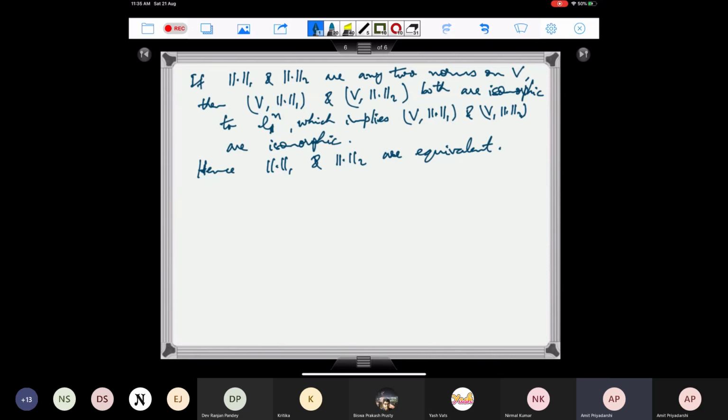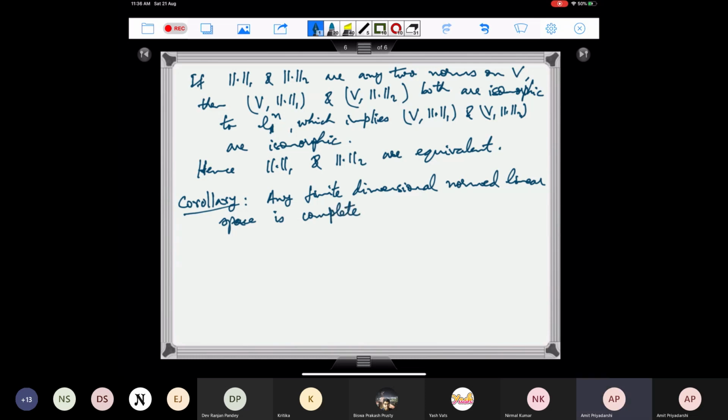So first, let's see an important corollary to this result, this theorem. As a corollary, we'll get that any finite dimensional normed linear space is complete, which means that any finite dimensional normed linear space is a Banach space.